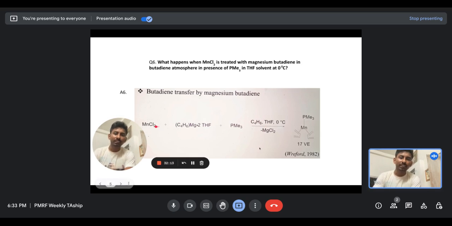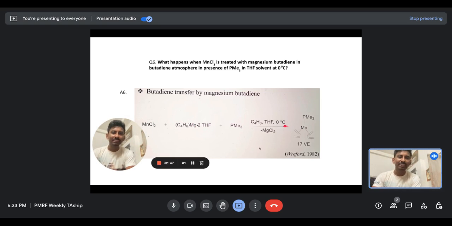MnCl2 is treated because from MnCl2 chloride elimination will take place, and the reaction is carried out in THF because extra THF will be there to make the species more stable, and the low temperature is required to increase the selectivity of the reaction. So what happens in this case, magnesium is eliminated in the form of MgCl2, which is a very stable ionic compound. So two chloride atoms are eliminated from manganese, so manganese 2 plus is left with nothing now because MgCl2 is already eliminated.